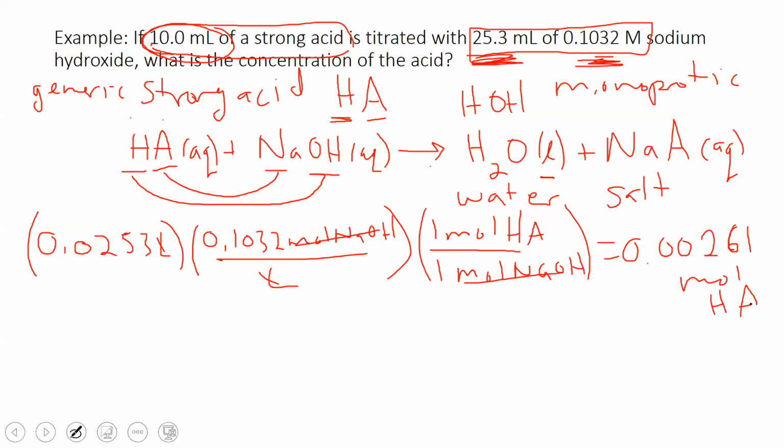Once you have that, you take the 0.00261 moles of HA and divide it by that original volume, so you can set it up like this.